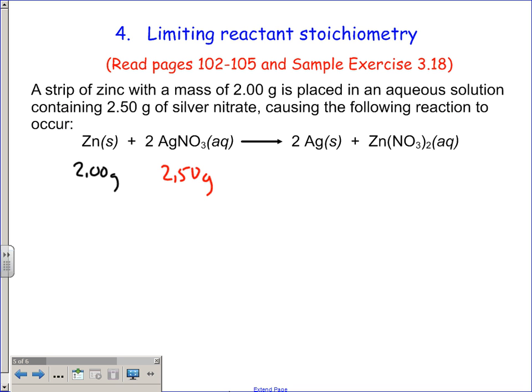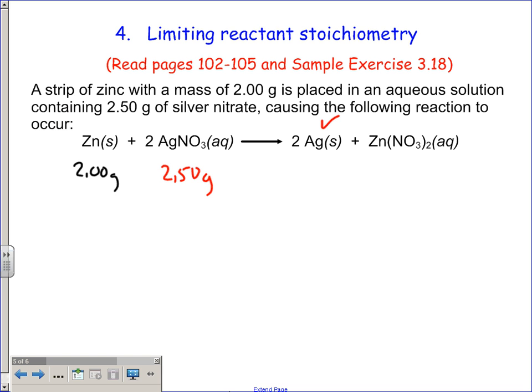In order to answer any question related to this reaction, I've got to know which one's the limiting reactant. Now, conceptually, the easier way to do this is to remember that the limiting reactant is going to make less. Remember, when it gets used up, it's going to stop making a product. I'm going to pick silver to talk about this, because zinc nitrate's a harder formula.